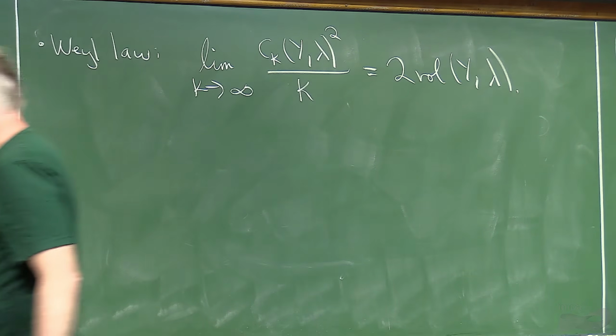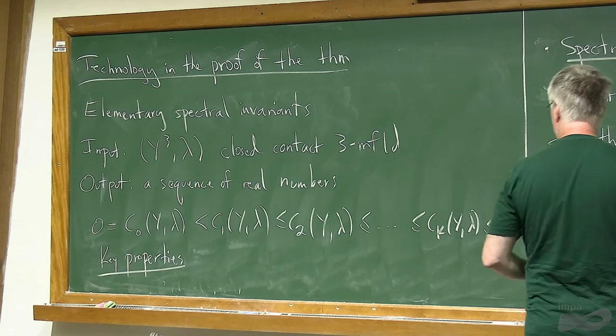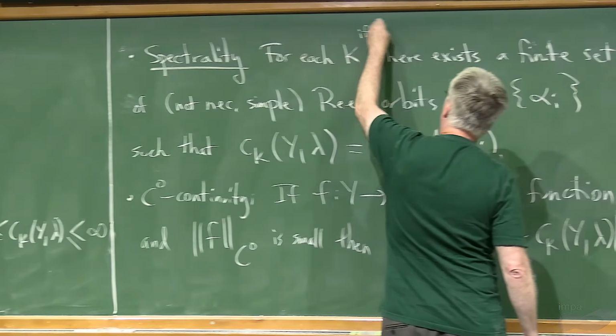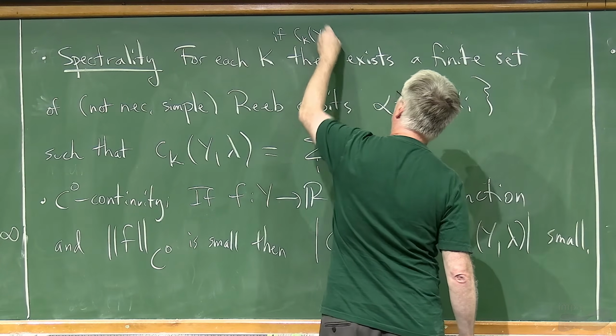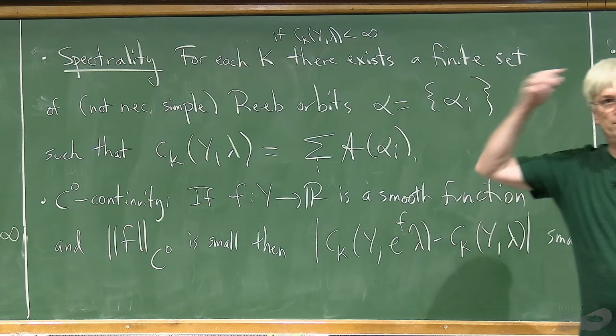So to clarify a little bit what's going on here, I haven't told you the definition of these things yet. When you write the definition at first, a priori these things could be infinite. And the spectrality axiom says that for each k, if c_k is finite, then there exists a set of orbits.